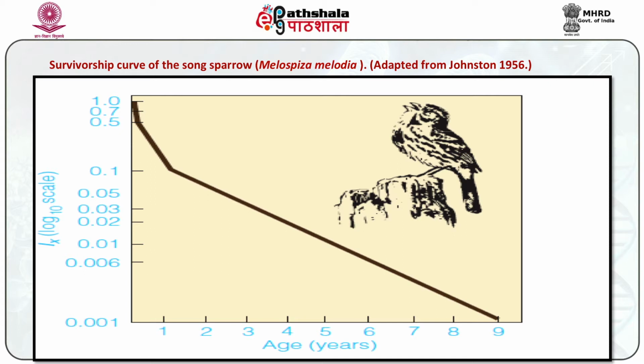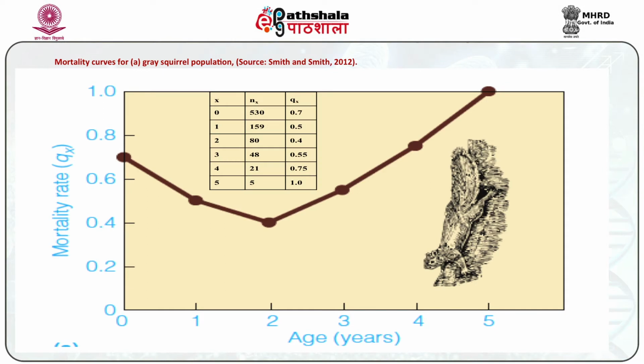Mortality curve. When mortality rate, that is Qx, of the life table is plotted against age, that is x, it is called a mortality curve. Mortality curve has two phases.